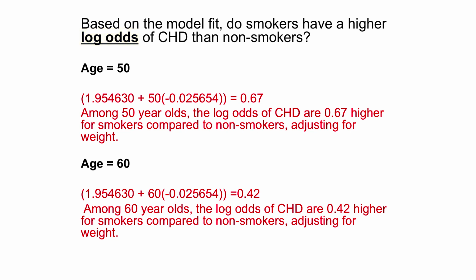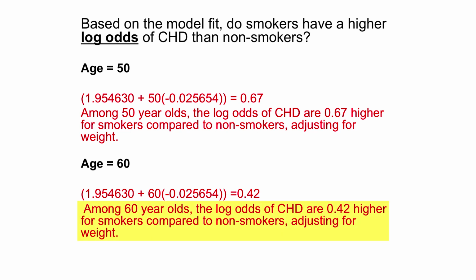For 50-year-olds, we multiply 50 times the age times smoke interaction term coefficient and add this to the smoke coefficient. This gives us a log odds ratio of 0.67. For 60-year-olds, we follow the same process as with 50-year-olds, but substitute 60 in place of 50. This gives us a log odds ratio of 0.42.